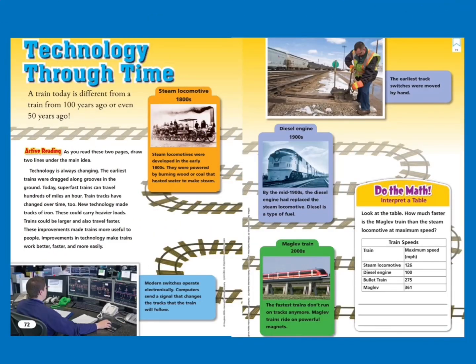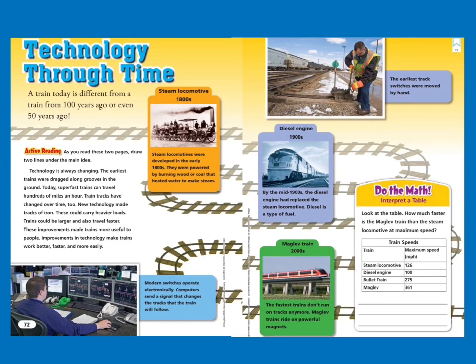Technology through time. What do you know about trains? A train today is way different from a train from 100 years ago or even 50 years ago. Just like technology is always changing, train tracks have changed over time too.